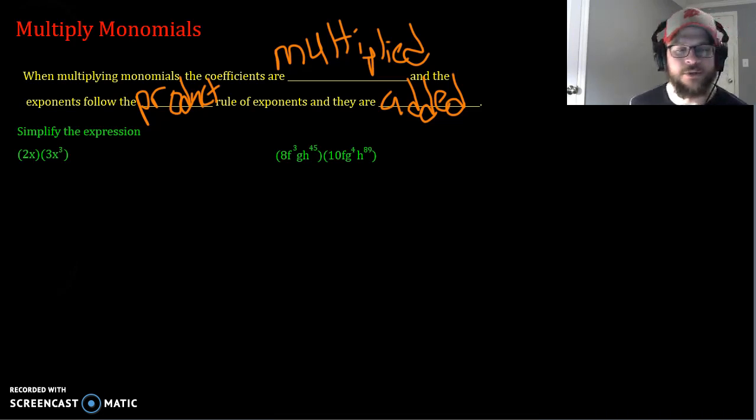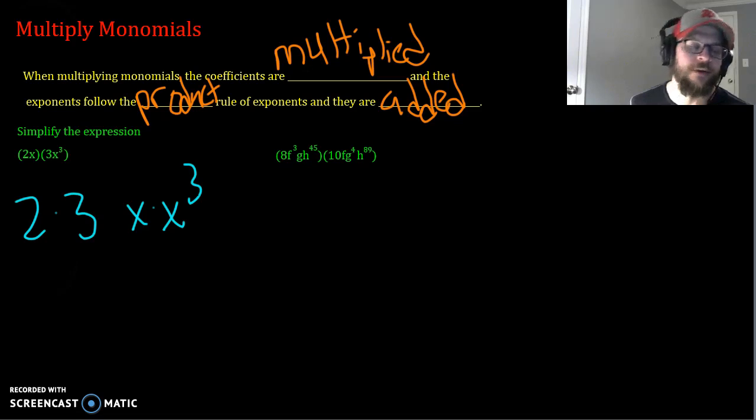So the expression 2x times 3x to the third power can be simplified by taking your coefficients, which are 2 and 3, multiplying those two things together, and then taking your variables, multiplying those two things together, and following your product rule.